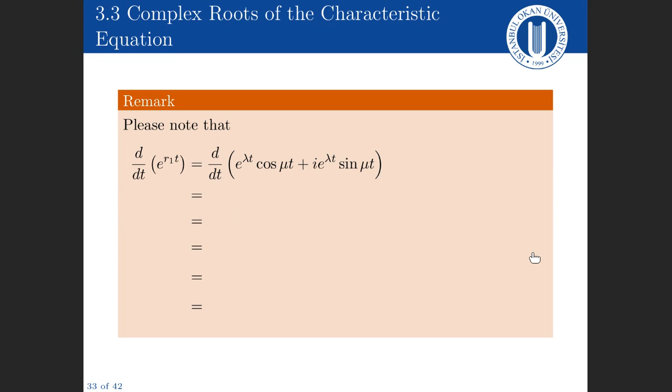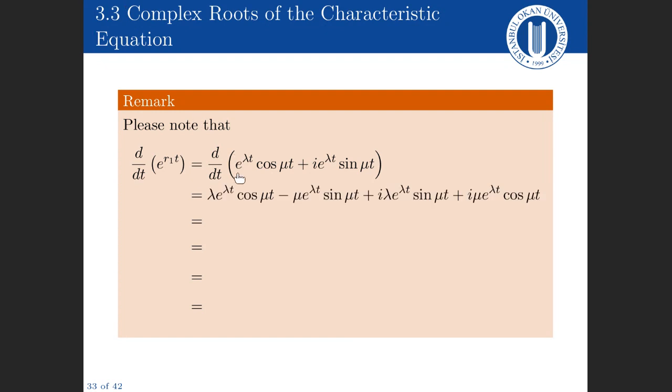Why are we using this formula? Let me show you. Note what happens if we differentiate this. Calculate the derivative of e to the power r1 t. That's the same as saying the derivative of e to the lambda t cos mu t plus i e to the lambda t sine mu t. We can calculate this derivative using the product rule.